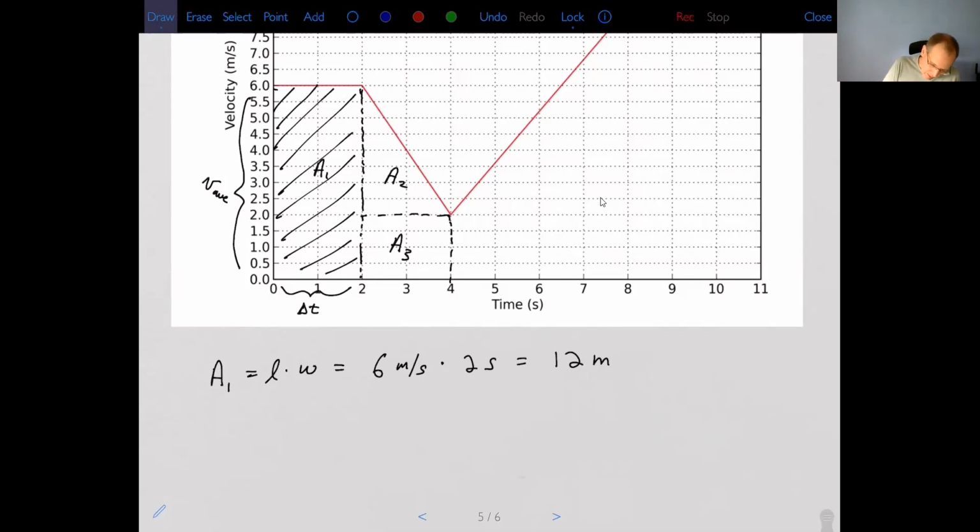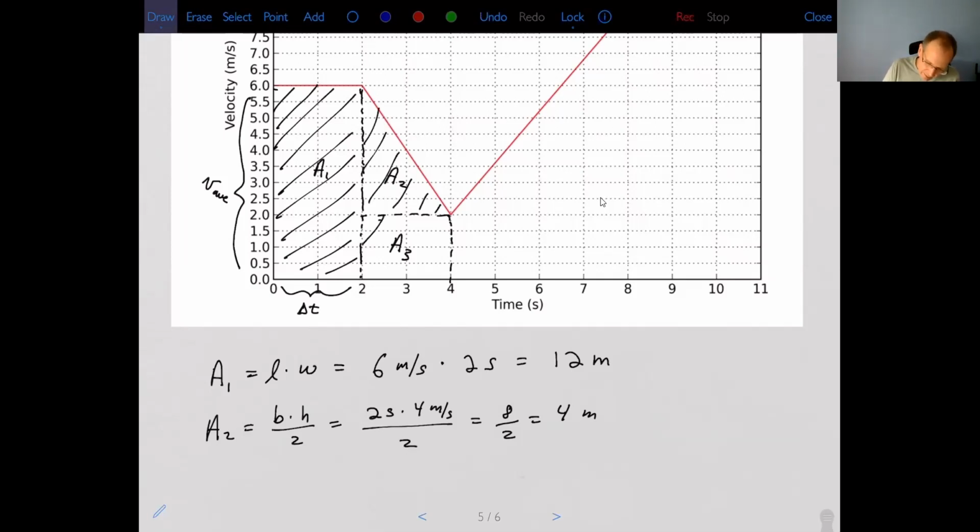For area 2, that's the area of a triangle. Remember, the area of a triangle is 1/2 base times height, so base times height divided by 2. The base is 2 seconds, times the height, 4 meters per second, divided by 2. So this is 8 divided by 2, which is 4 meters. That's that area right in here.